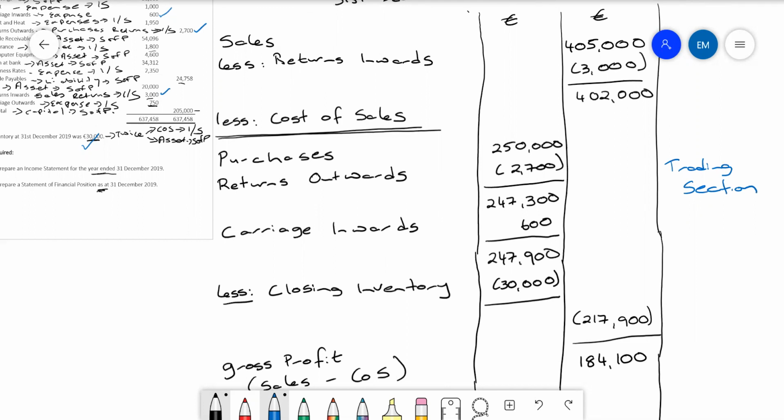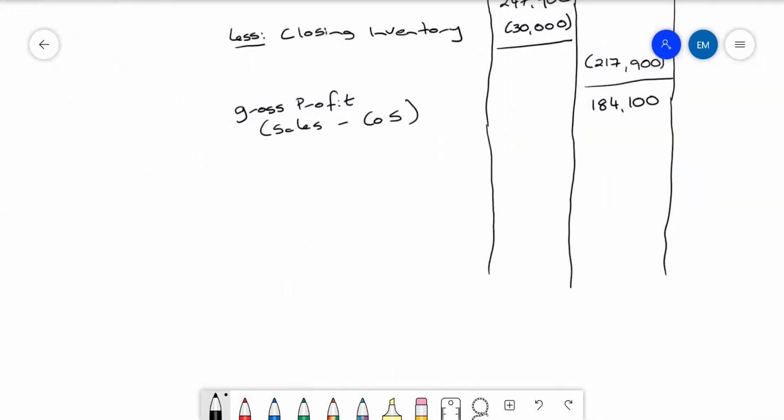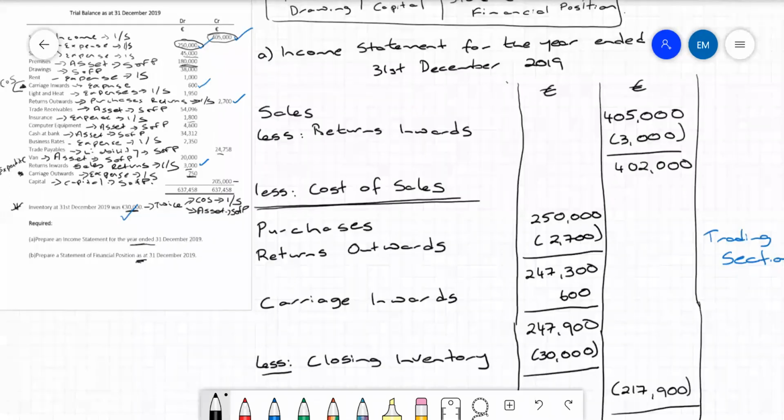So then we are going to deduct the remainder of our expenses, and that is referred to as our expenditure section. So the heading now we have is less expenses. So we literally go through all the expenses that we had identified and list them in the expenditure section of the income statement. So our first expense that we identified was salaries, which was 45,000.